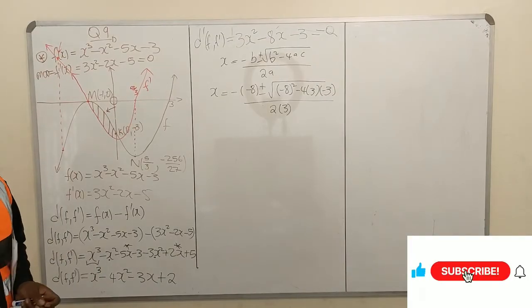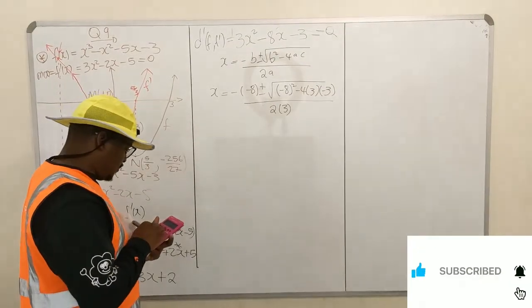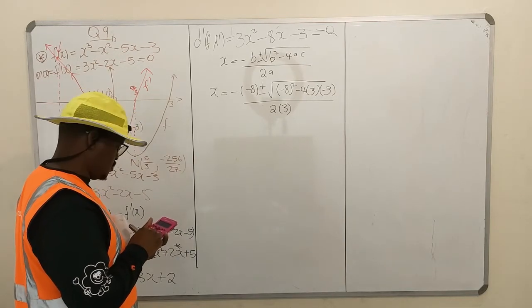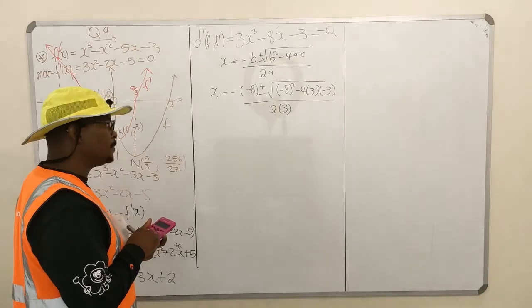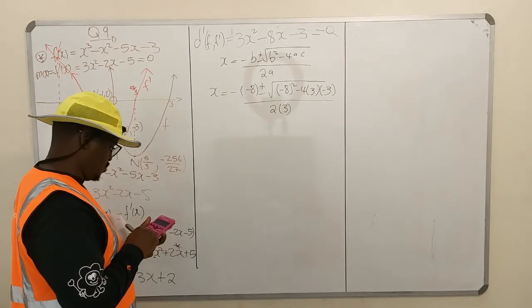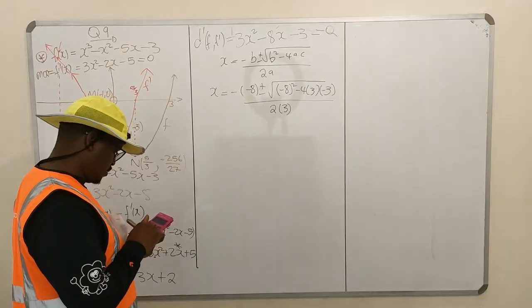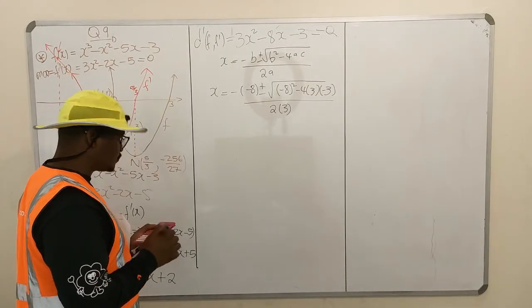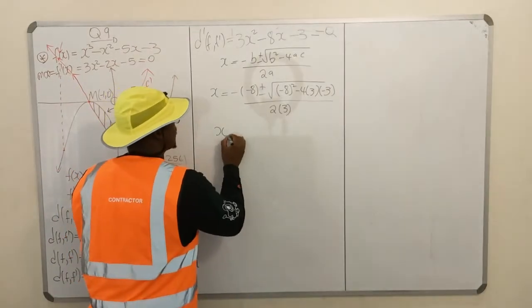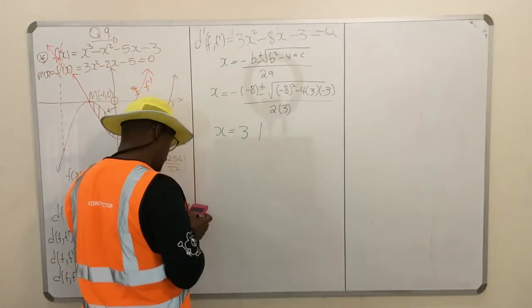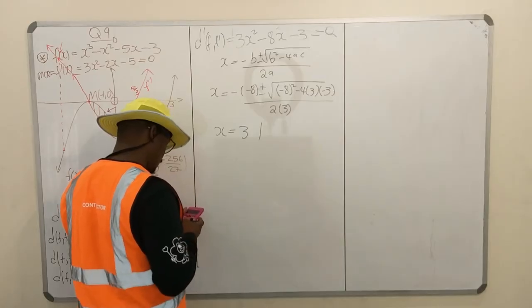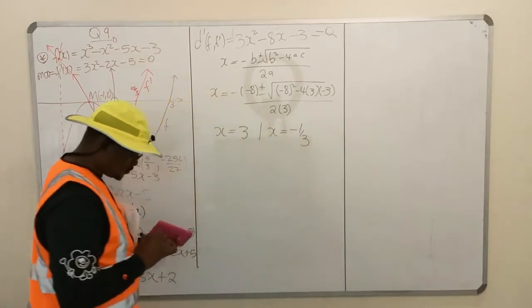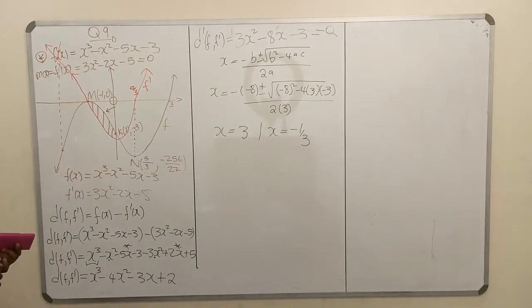What do you get? Negative into negative 8 plus the square root of negative 8 squared minus 4 into a, which is 3, to c, which is minus 3, over 2 into 3. The first x value comes out to be 3, right? And the other one is x is equal to minus 1 over 3. So these are the x values that we will get.